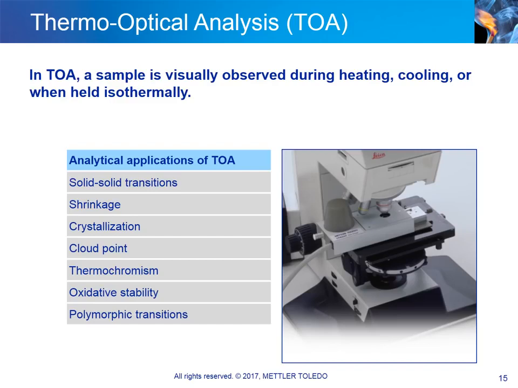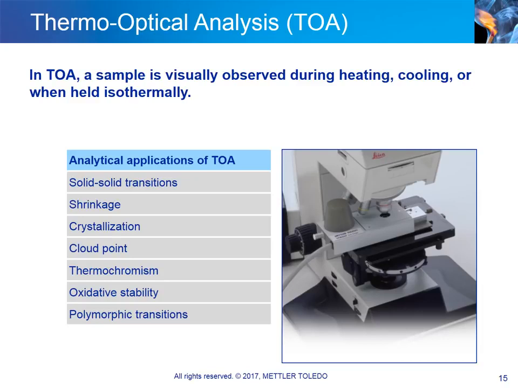Now let us turn our attention to thermo-optical analysis, or TOA. TOA is performed by using a hot stage mounted on a microscope, as shown on this slide. A hot stage is a special cell into which a sample is inserted on a slide and is then heated or cooled or held at constant temperature.